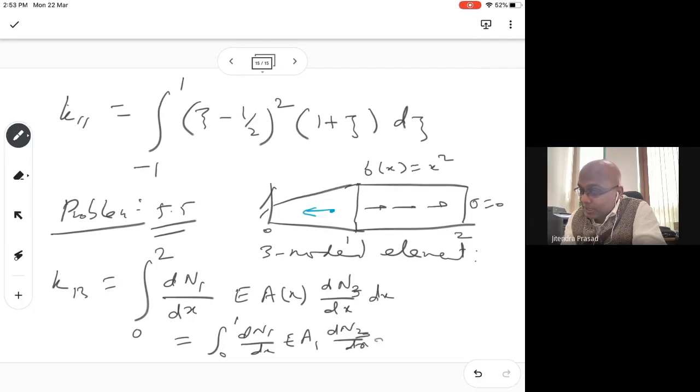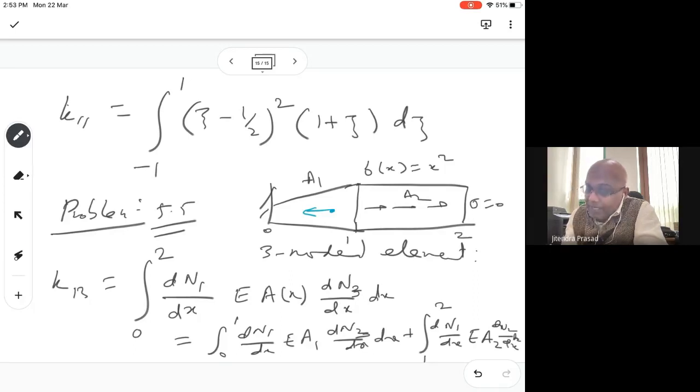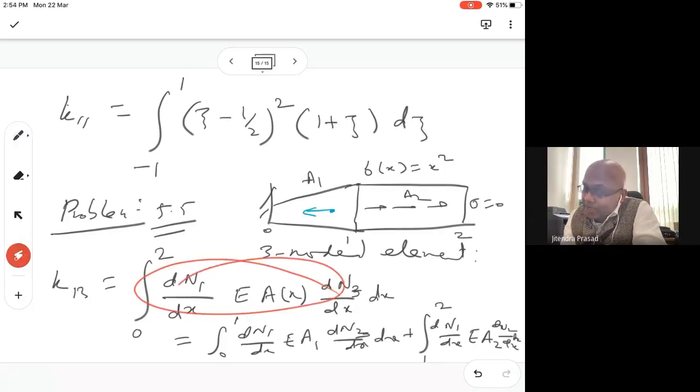Okay, dx plus 1 to 2 dN1 dx and E. And in this case, let's say this is A1, we write A1 like this, and this is A2, which is constant, we write E A2, right? And then dN3 dx. Meaning that in order to integrate, since area differs, right?